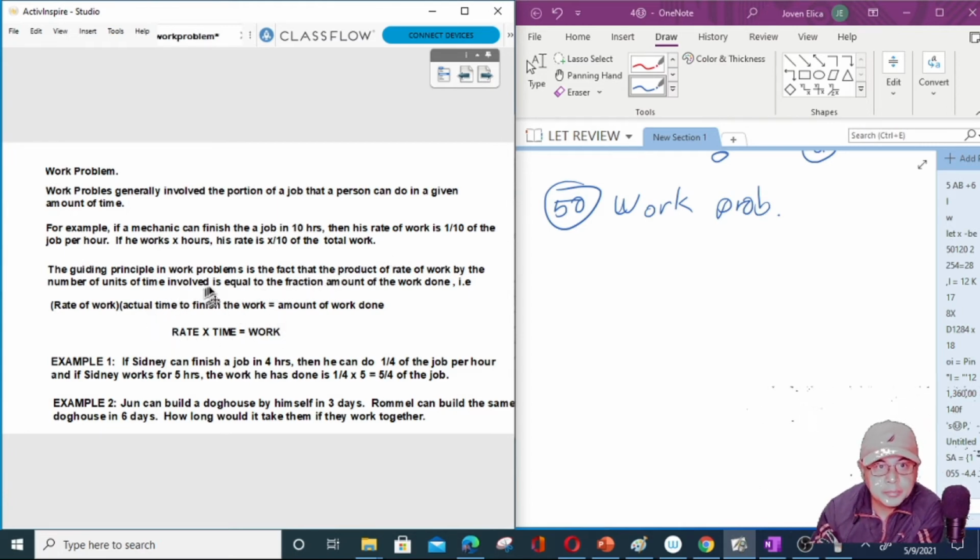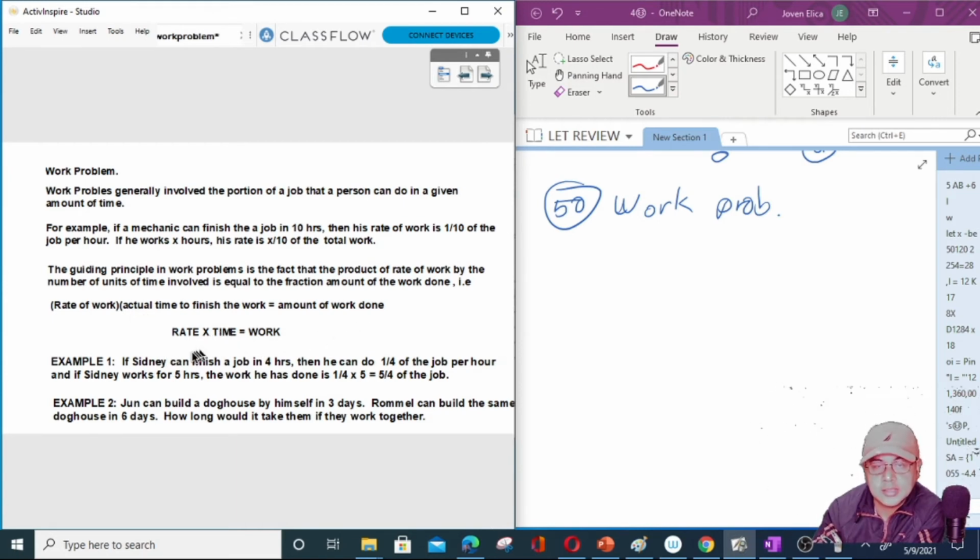The guiding principle in the work problem is that the product of the rate of work and the number of units of time involved is equal to the fraction of the amount of work done. That is, the rate of work, for example 1/10, multiplied by the actual time to finish, 10 hours, is equal to the amount of work done.